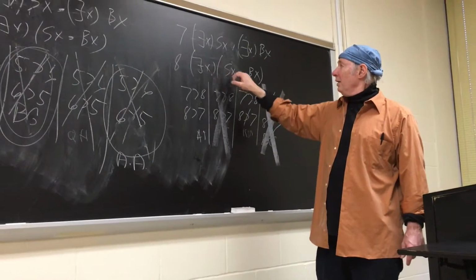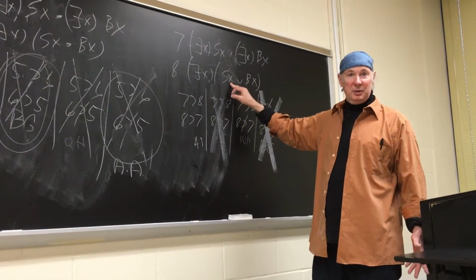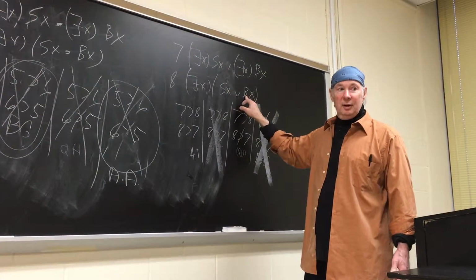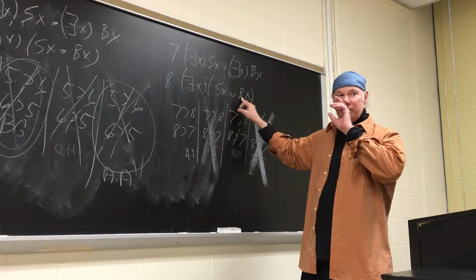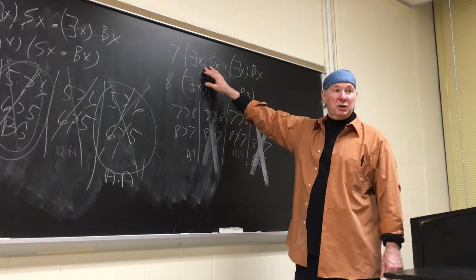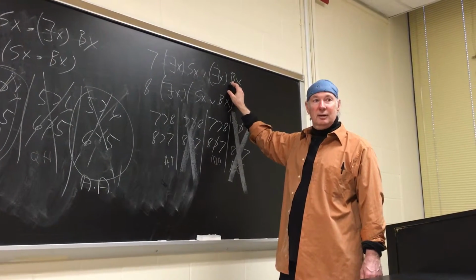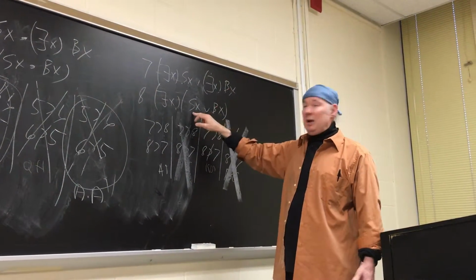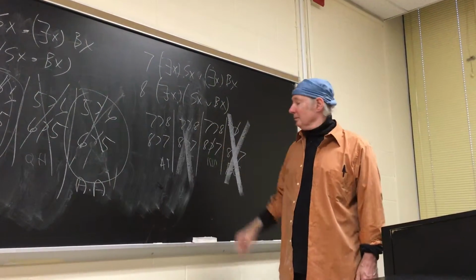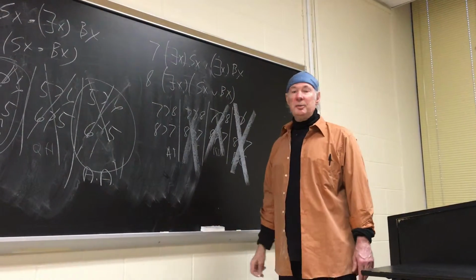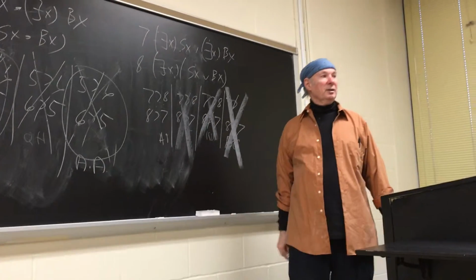Because we don't know what the property is this object has, whether it has one or both. But we do know there's got to be something sweet or there's got to be something bitter. Because there's something that's sweet or bitter. So 7 follows from 8, and this is the correct answer.